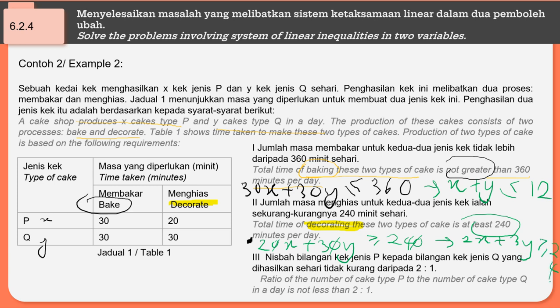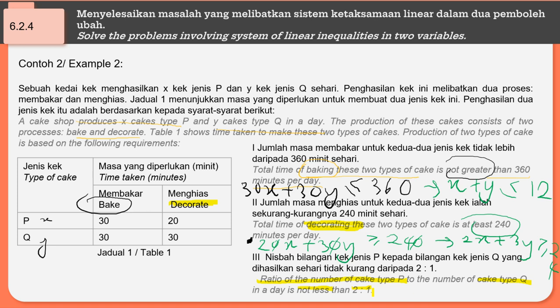Okay, and then lastly, we have the ratio. The ratio of the number of cake type P to the number of cake type Q in a day is not less than 2 to 1. What do you understand about not less than? We are accepting the ratio, but any number less than that we cannot accept.